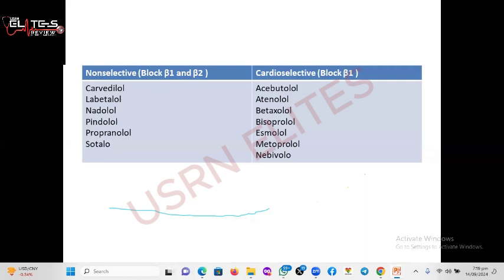The non-selective will affect both the respiratory system and the heart. So if someone has asthma or any airway blockage resulting from bronchospasms, you don't give them non-selective beta blockers, but you go with the cardiac selective ones.